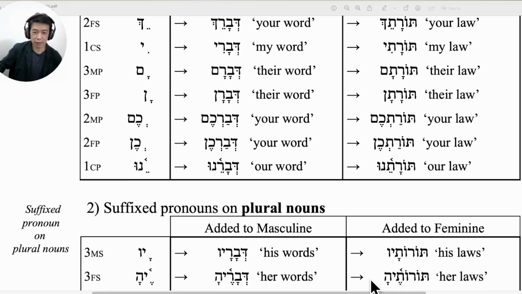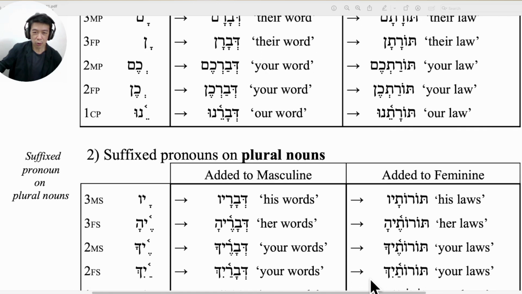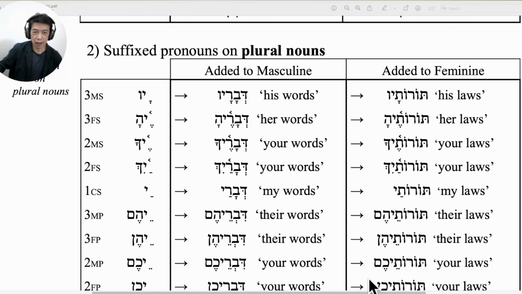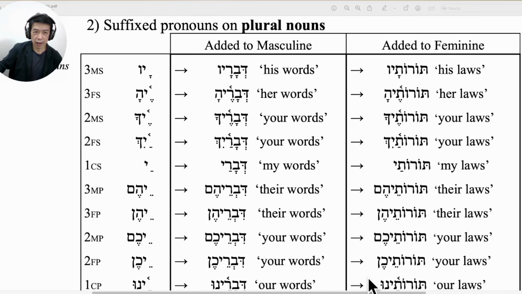Next, let's take a look at suffix pronouns on plural nouns. Instead of reading through all the words one more time, we're just going to analyze this chart.